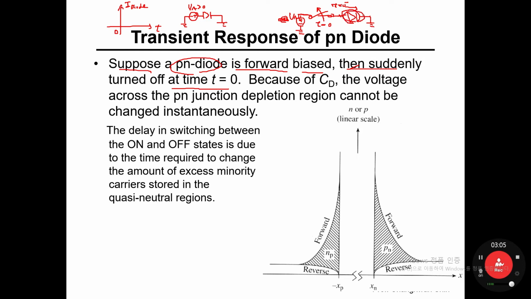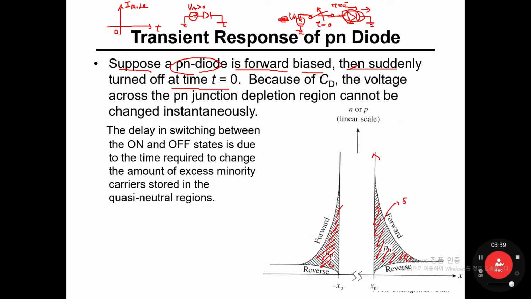Then this diode should be forward biased so that it is flowing a certain amount of forward bias current. So that current would make what? Yeah, that original forward bias current should form this excess hole concentration in the N side, as well as excess electron concentration in the P side.